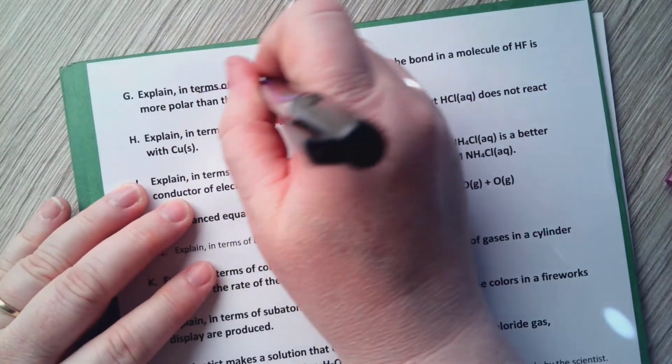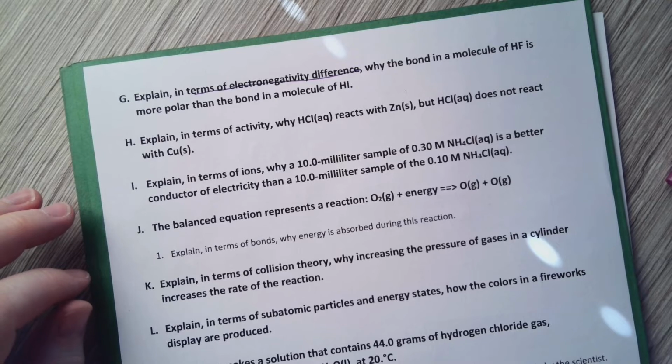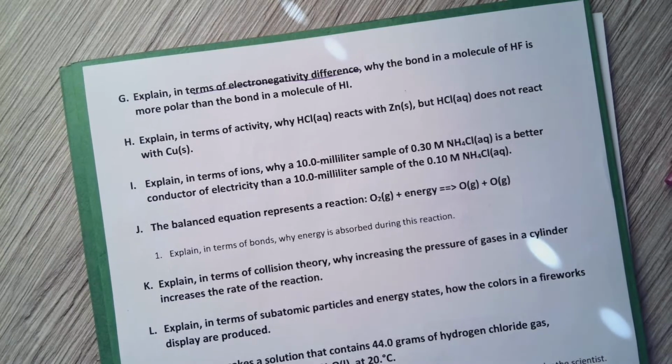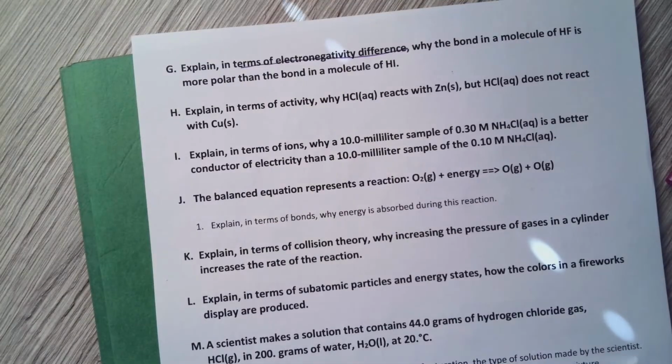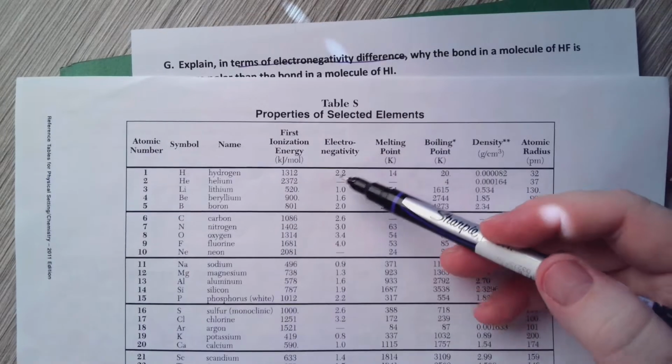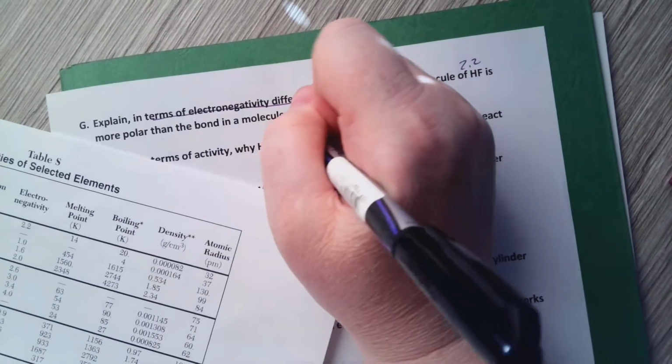Explain in terms of electronegativity difference why the bond in a molecule of HF is more polar than the bond in a molecule of HI. So I need to find electronegativity difference. And I need H. Do you remember H? 2.2. So H is 2.2.